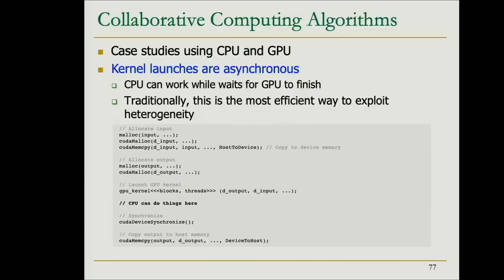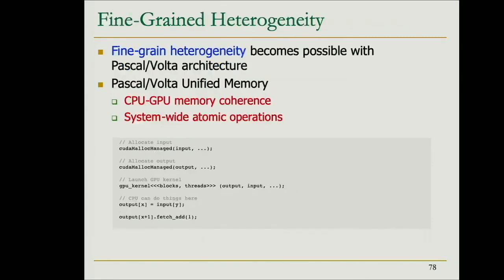And this is an example of what I told you before. In the traditional model, if you want to partition these vectors and do some computation on the CPU, the CPU can do something here, but it's not actual fine-grained collaboration.